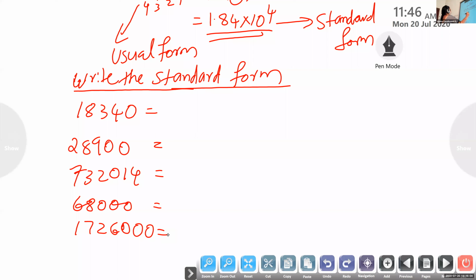First one I will do for you. 1.834, 1, 2, 3, 4. 4 places we are moving. Zero, if you want you can write. The next step you can write without 0. 1.834 into 10 raised to 4.